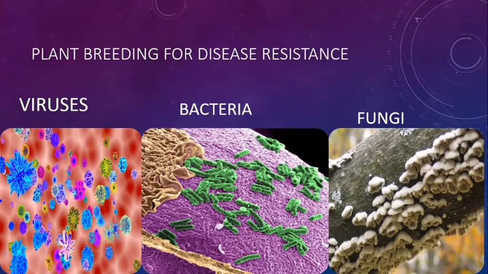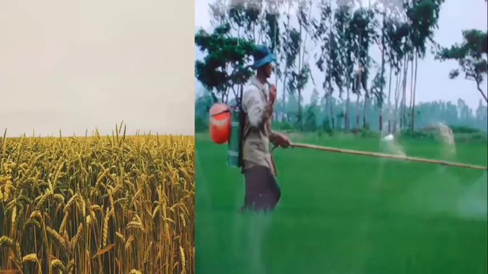Hence it is important to develop disease resistant varieties of crops so that yield increases and the usage of fungicide and bactericide is reduced. Next we see some disease resistant varieties developed by plant breeding.